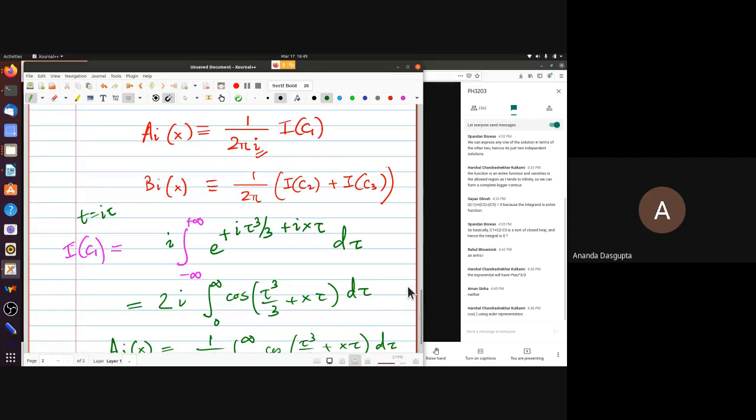Now, this is not the thing that we need really. We need asymptotic behavior. We need behavior when you are very, very far away, when x is very large, let's say. But this particular integral representation is good for many other things. For example, just the opposite extreme. When x is very small, can anybody tell me how I could use this integral to find out the behavior of the function Ai(x) when x is very small?